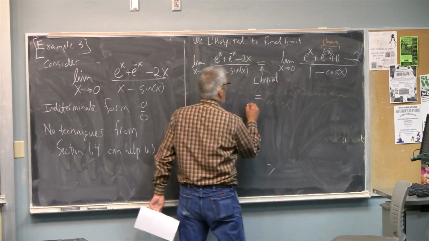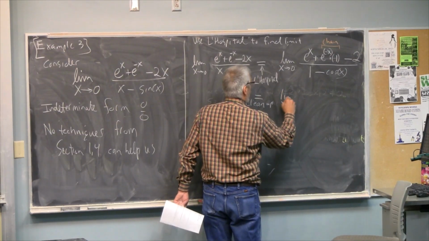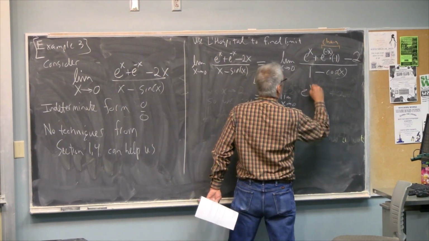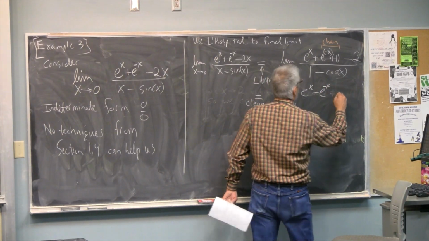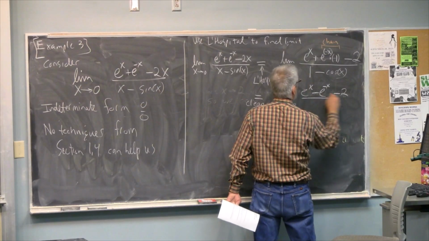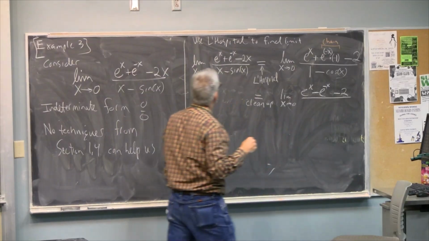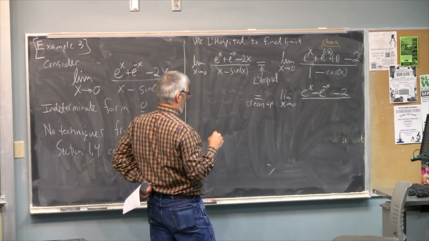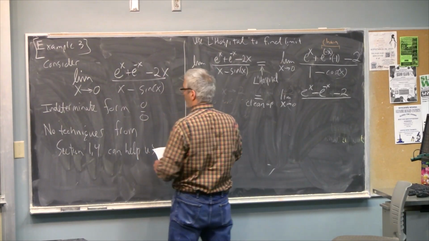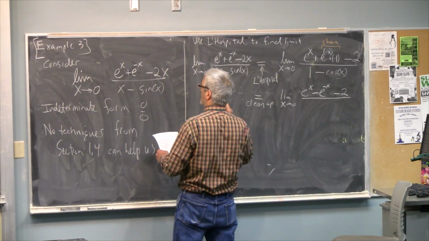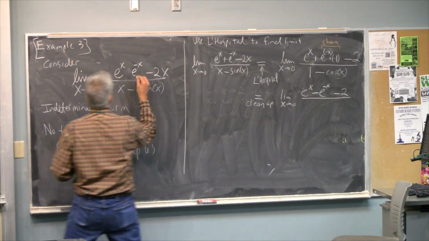So I'm going to clean up. The limit as x approaches 0 of e to the x minus e to the minus x minus 2. Oops, this is supposed to be a minus sign.